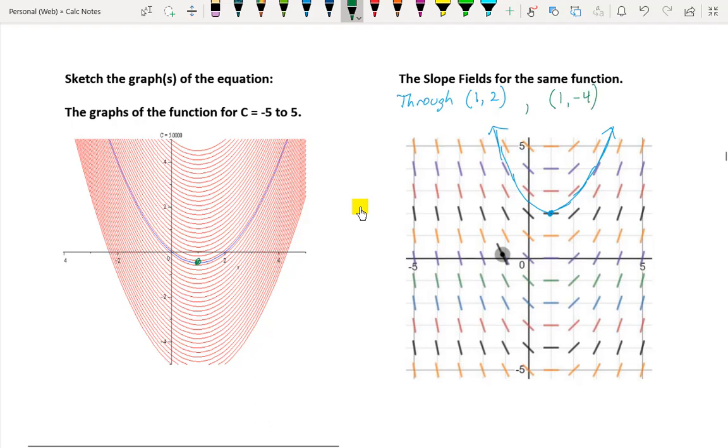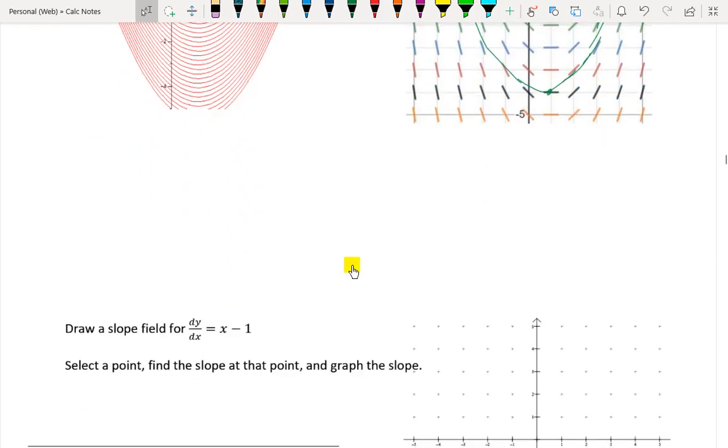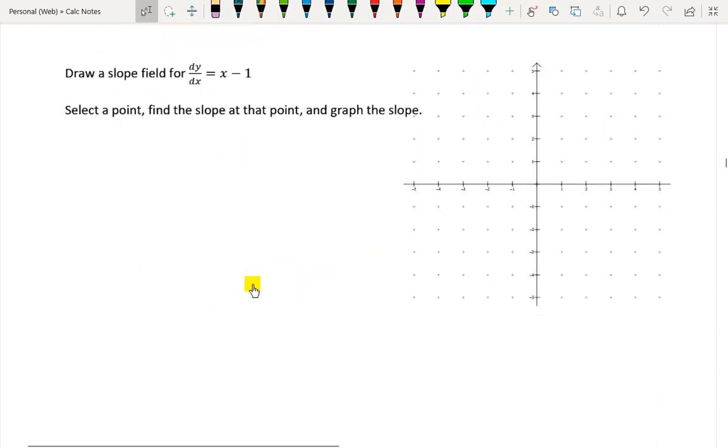So I could come down to 1 comma negative 4, and I could draw a parabola through there, and you just follow the slope lines up, and they move up like that and like that. And so that would be the parabola through 1, negative 4. Okay, so what we're going to do is actually draw some of these slope fields. So we're going to take a look here at how you actually draw a slope field.